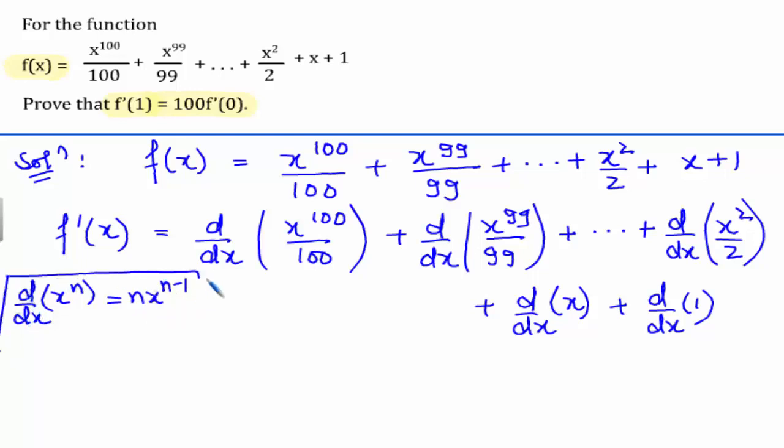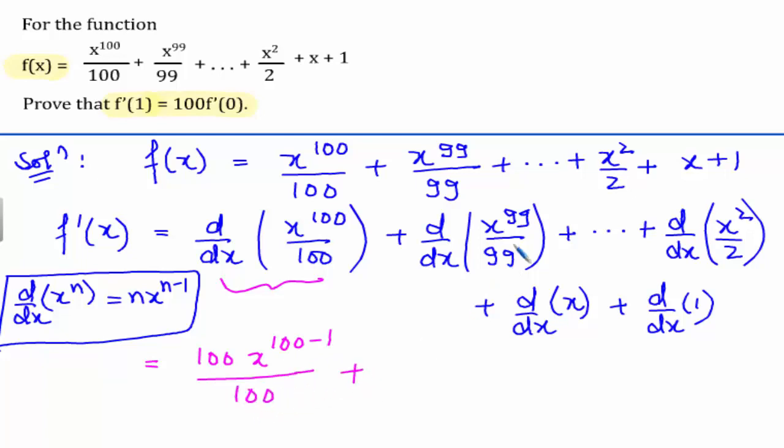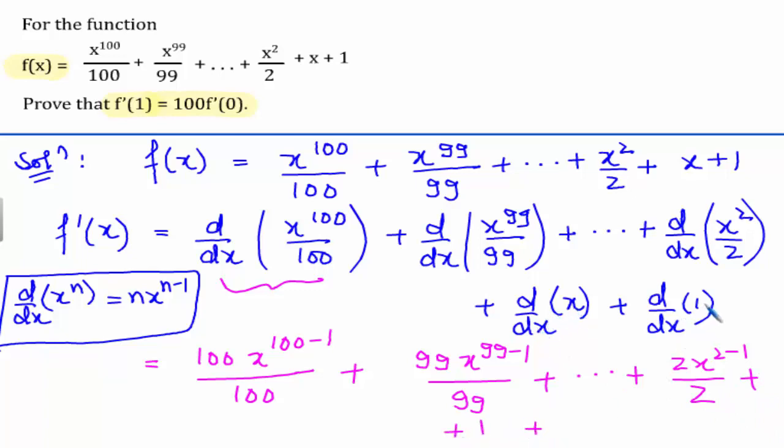Therefore, using this, the derivative of the given function f x with respect to x is given by, now differentiating the first term with respect to x, we get 100 into x raised to the power 100 minus 1 divided by 100, plus, now differentiating the second term with respect to x, we get 99 into x raised to the power 99 minus 1 divided by 99, plus, now differentiating x square upon 2 with respect to x, we get 2x raised to the power 2 minus 1 divided by 2, plus, on differentiating x with respect to x, we get 1, plus, on differentiating 1 with respect to x, we get 0.